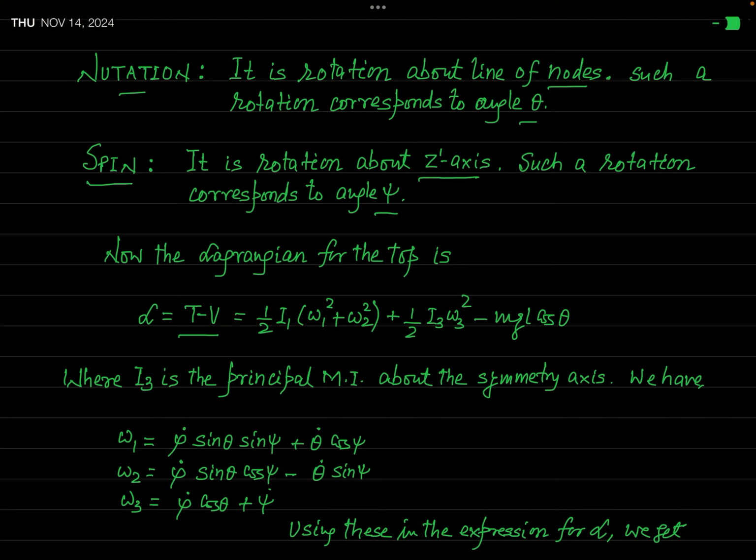Now, as our rigid body here is rotating about the three principal axes, you should think of the expression for rotational kinetic energy in terms of the principal moments of inertia. I have provided an independent video on the discussion of rotational kinetic energy of a rigid body, where I have talked about this.